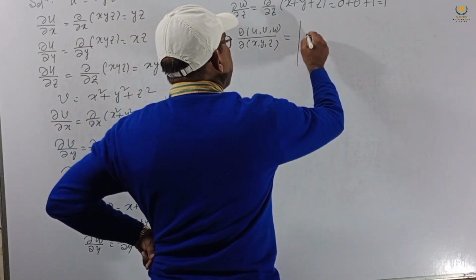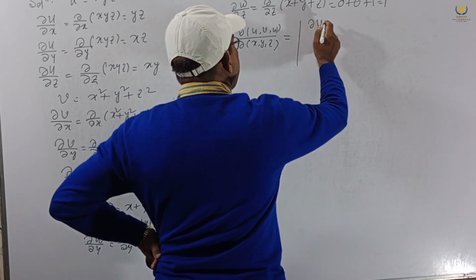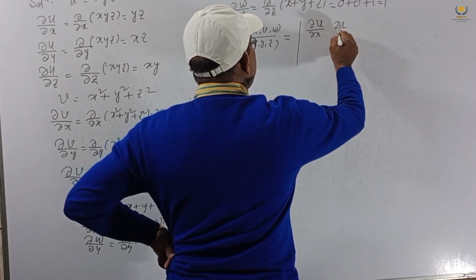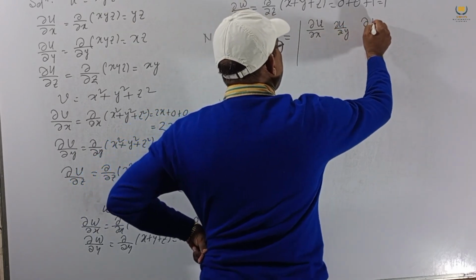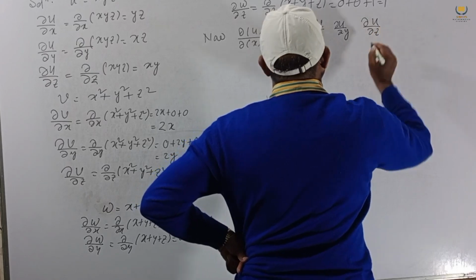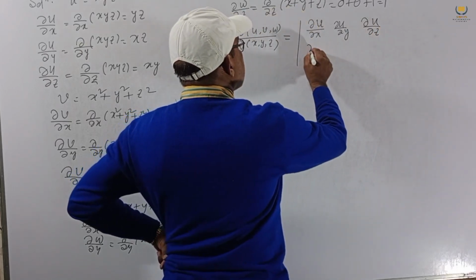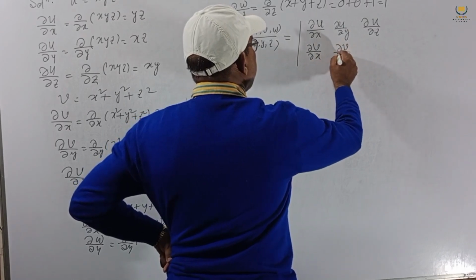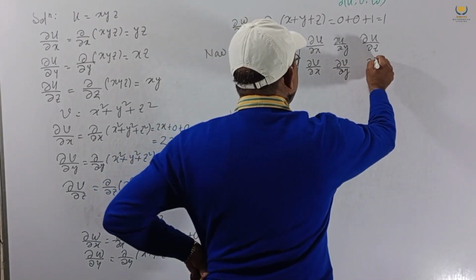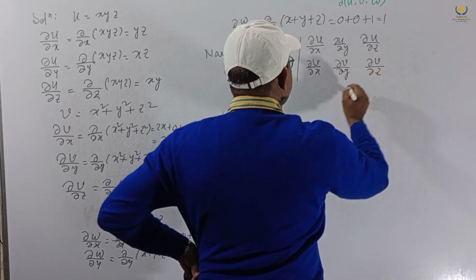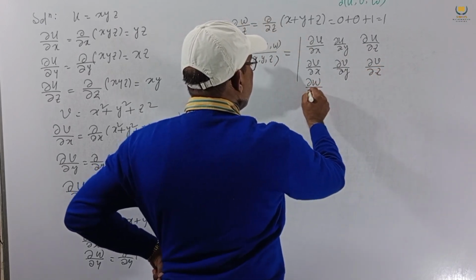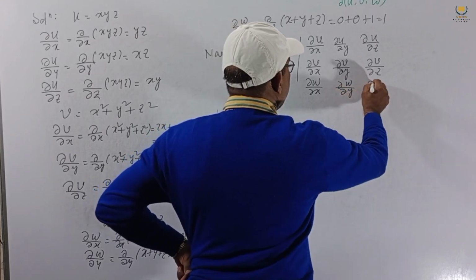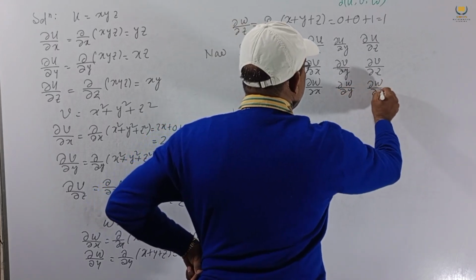Then by definition of the Jacobian, it is the determinant of del u by del x, del u by del y, del u by del z, next del v by del x, del v by del y, del v by del z, del w by del x, del w by del y, del w by del z.